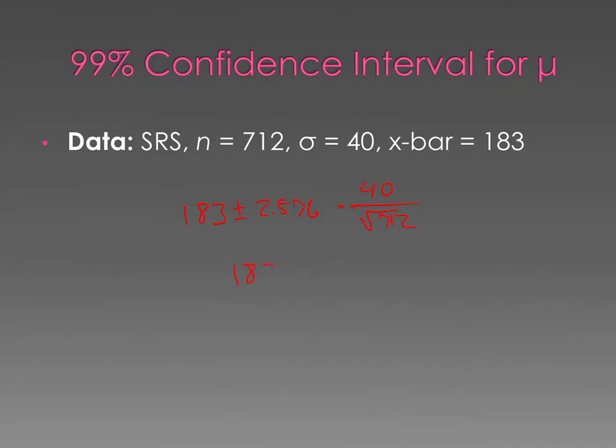So you're going to get 183 plus or minus 3.9, which is 179.1 to 186.9. And this is saying you are 99% confident that the true value of mu is between these values.